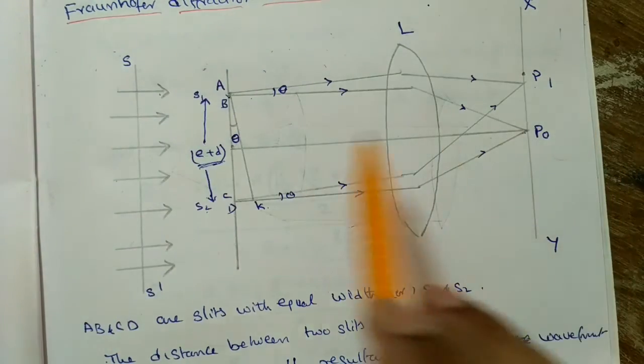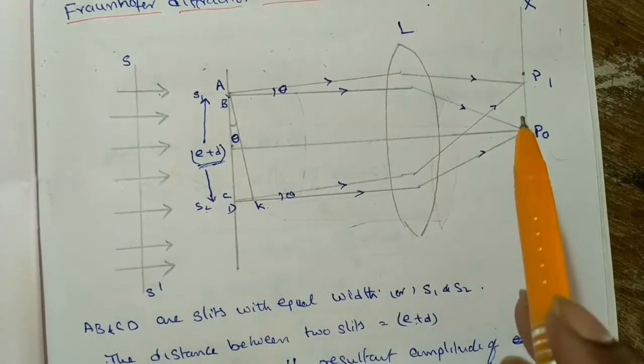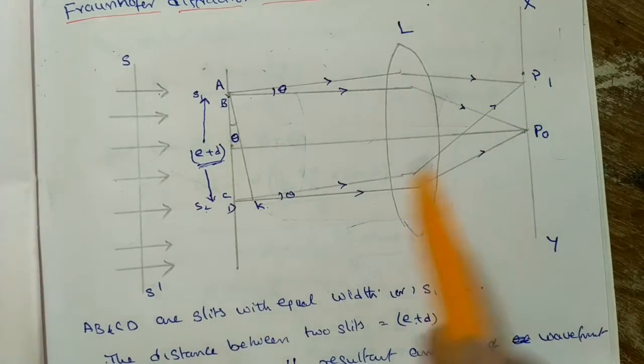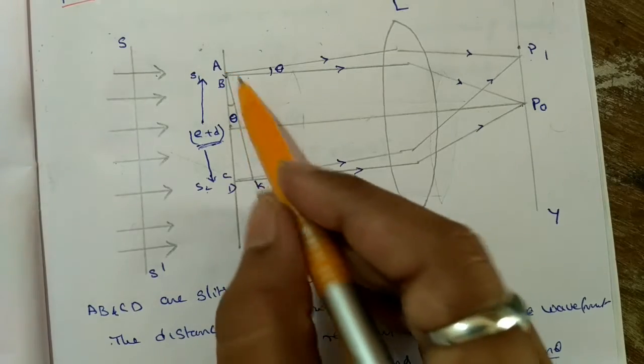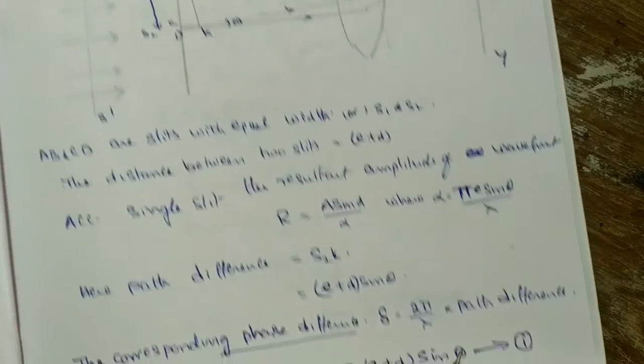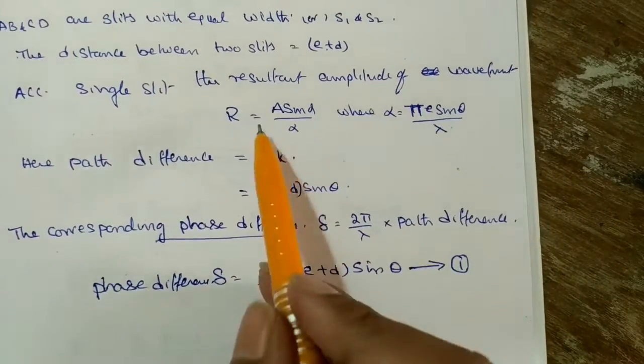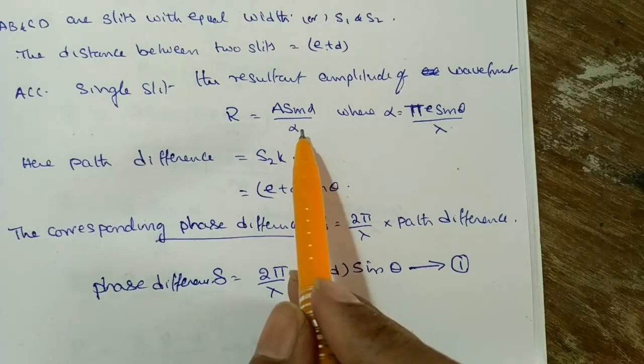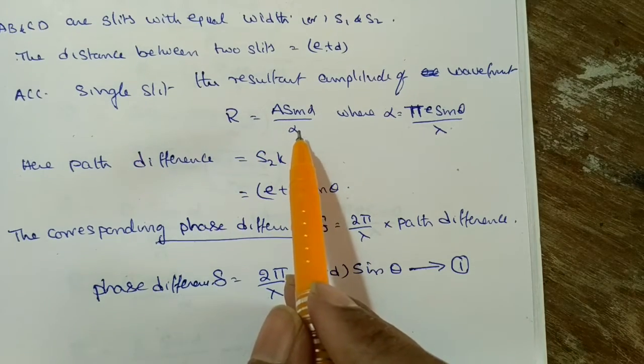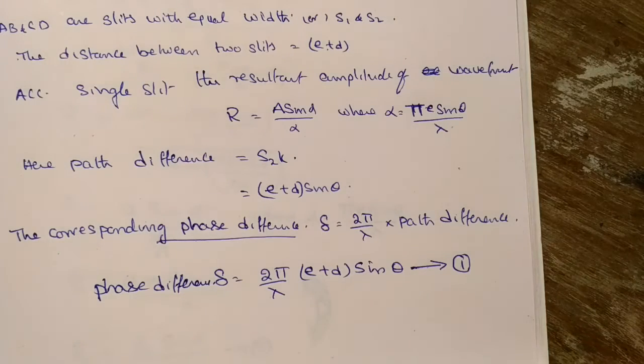If two slits are open, then what happens? Here one wavefront is there, and we already know the amplitude of the wavefront. Here we have to consider a vector addition method to solve this.